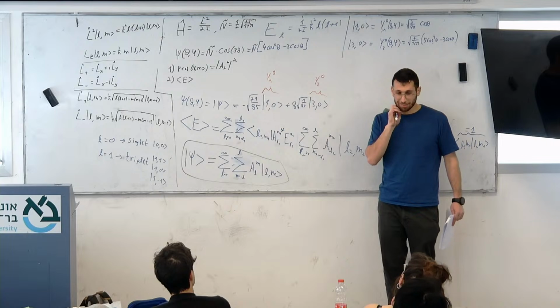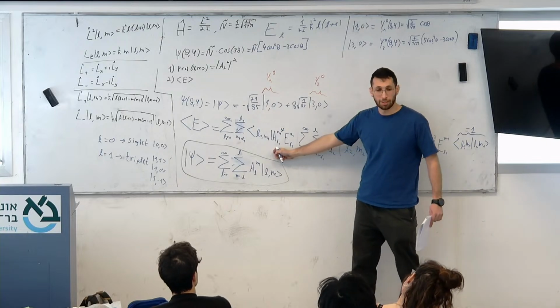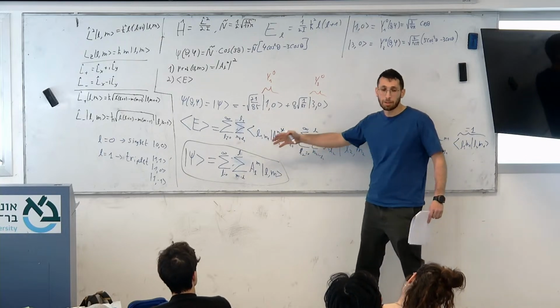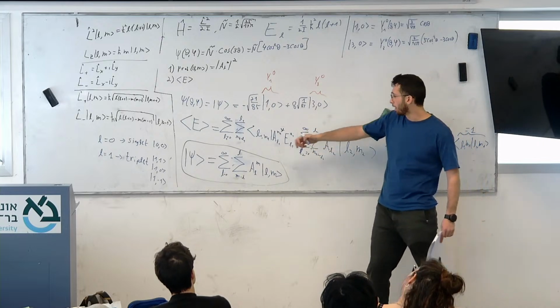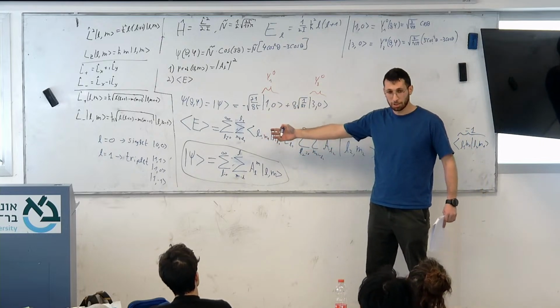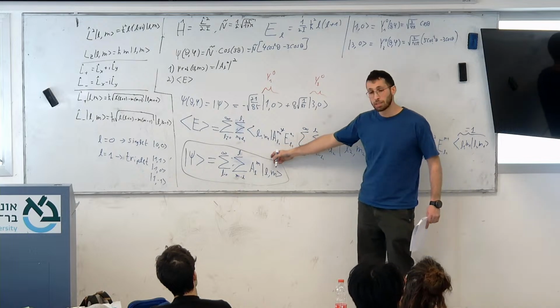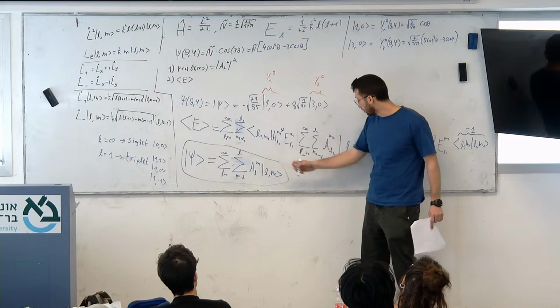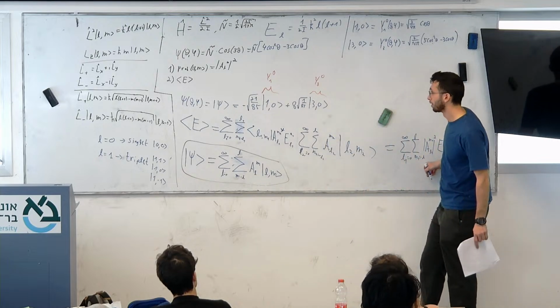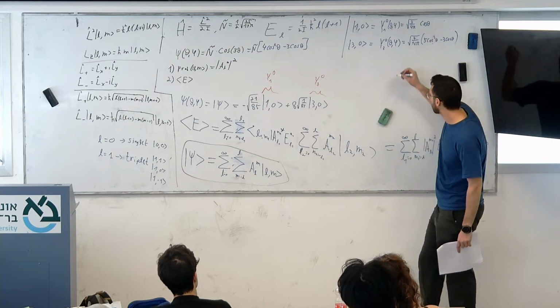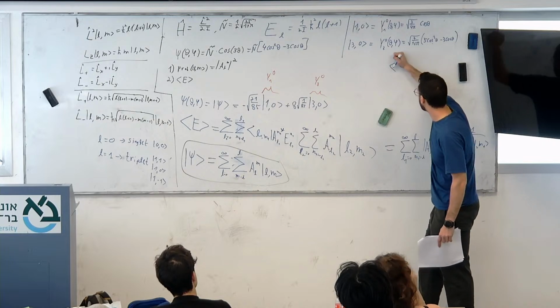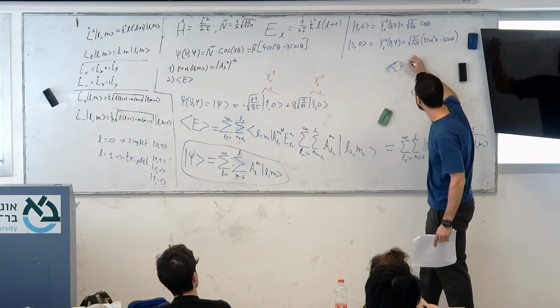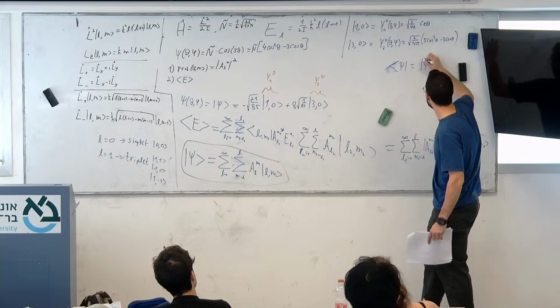So A_L1M1 can be a complex number, a complex coefficient. Here we need to take the conjugate, so here we have an absolute value. This is because psi is equal to psi conjugate.